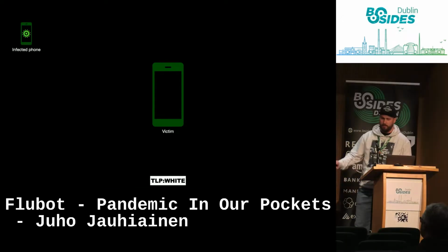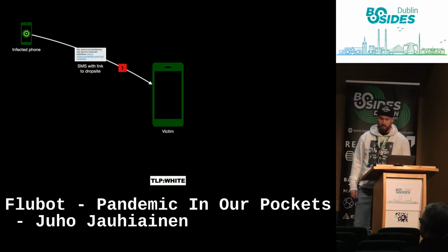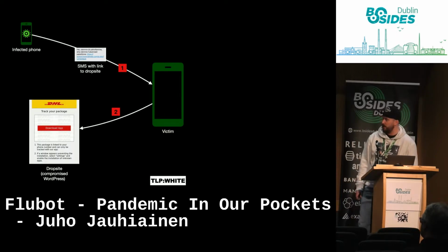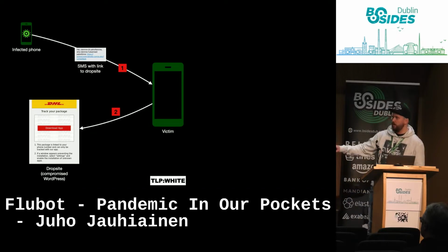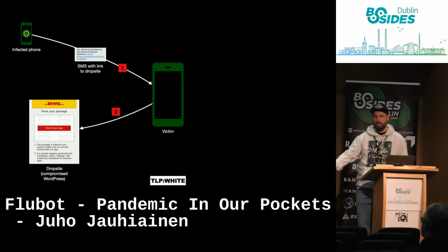An infected phone sends a message to a victim. If the victim clicks the link, they will go to the drop site, and the drop site actually knows from the given URI who is clicking the message. In some cases we have seen the drop site showing the phone number where the SMS was actually sent.